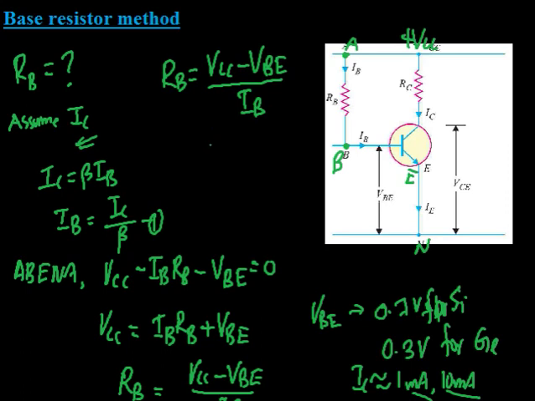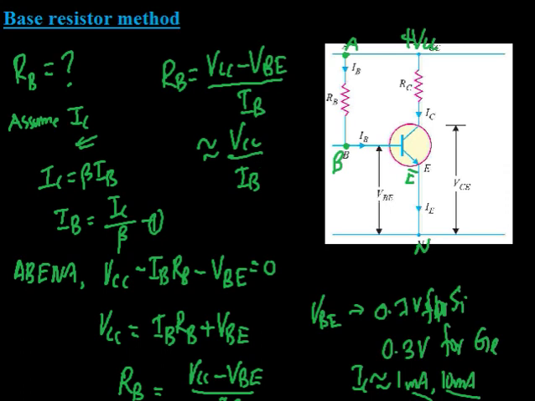In practical purposes, the value of VCC is around 10 to 12 volt, and the VBE is only 0.7 for silicon and 0.3 for germanium. So that can be neglected when compared with VCC. So RB can be approximated as VCC by IB.